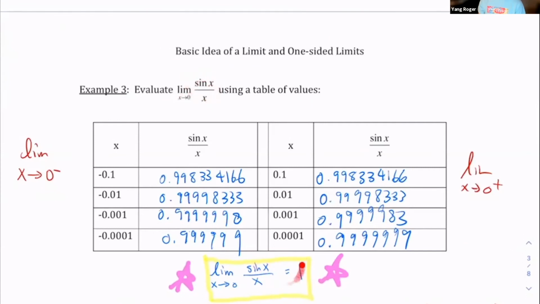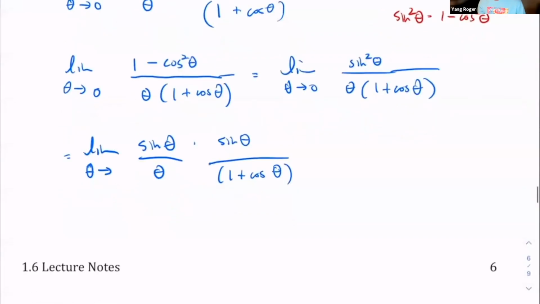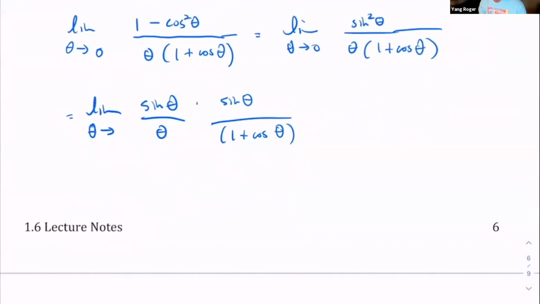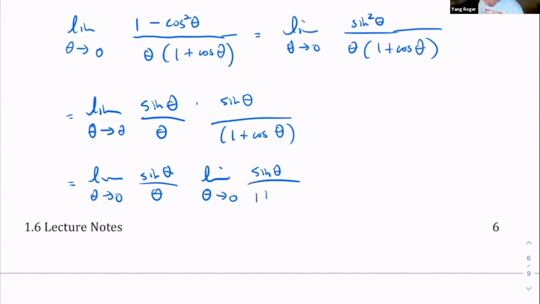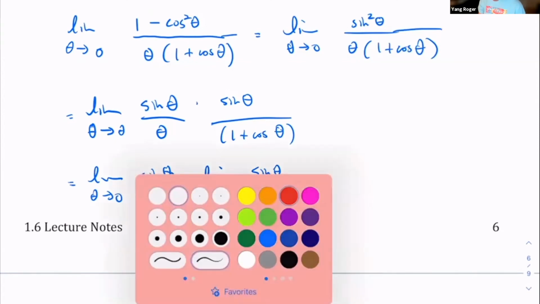We saw that went to 1. So this part here goes to 1. So this becomes the limit as theta goes to 0 of sine theta over theta, times the limit as theta goes to 0 of sine theta over 1 plus cosine of theta. So this part here is going to go to 1.